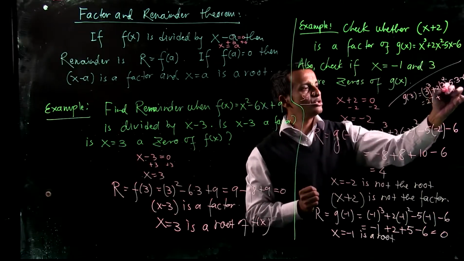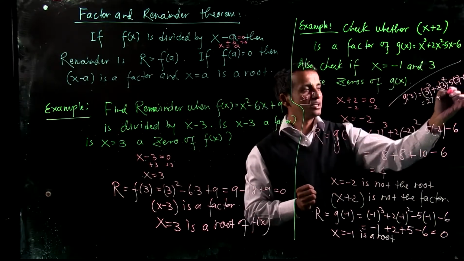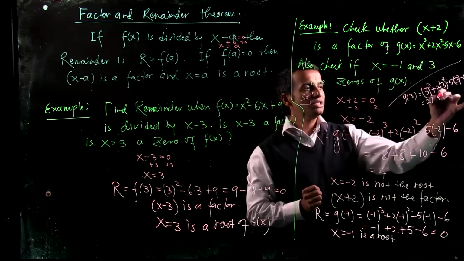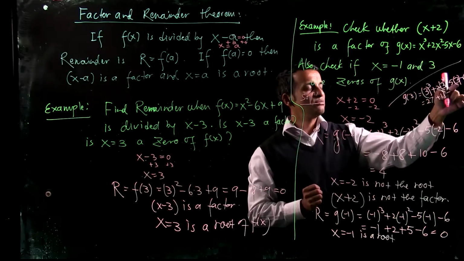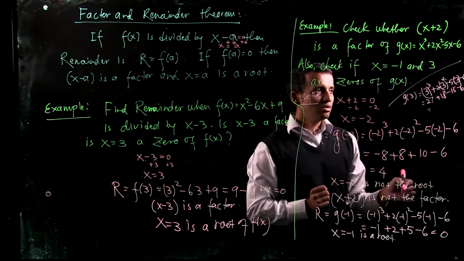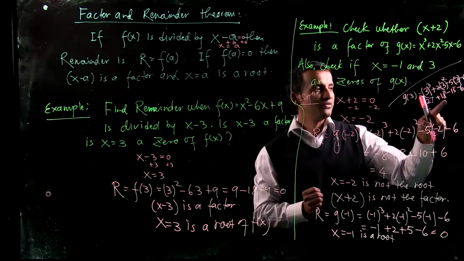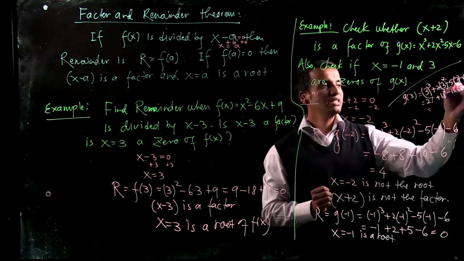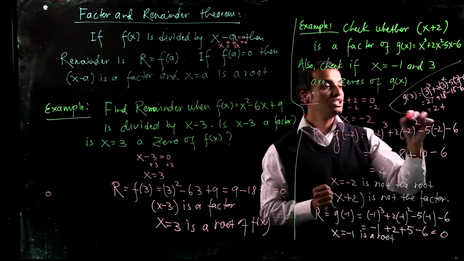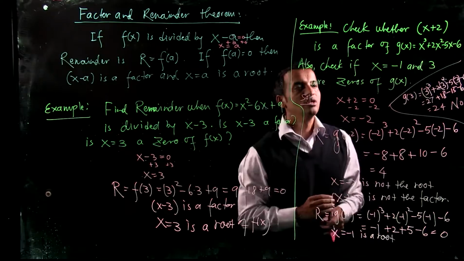It is always good to use parentheses there. Is it 0? It looks like not, because 27 plus 18 is 45, minus 15 is 30, minus 6 is 24. So the answer is no, x equals 3 is not a root.